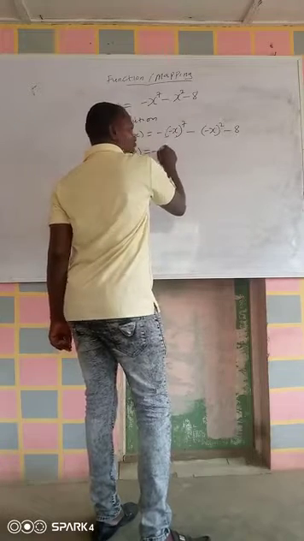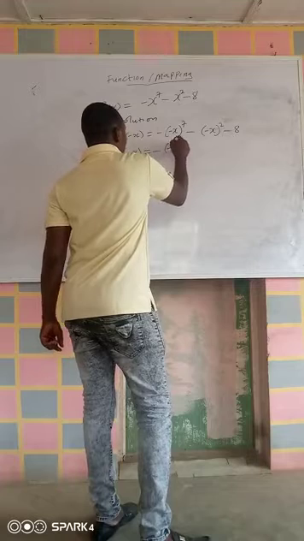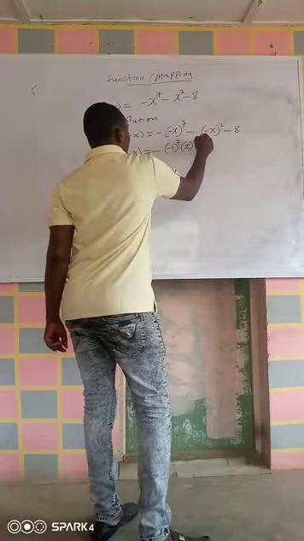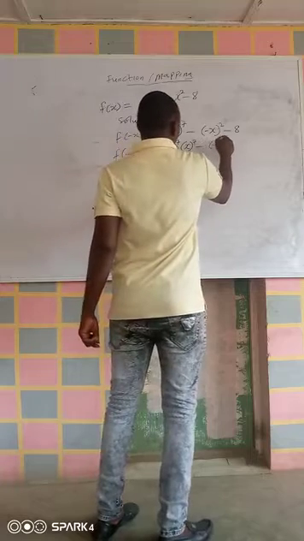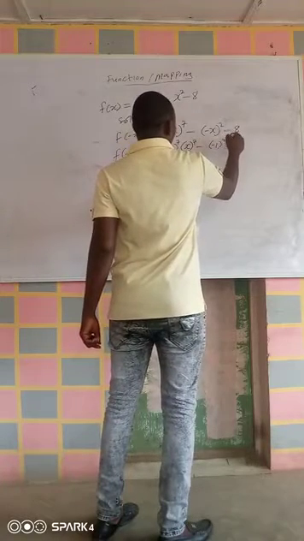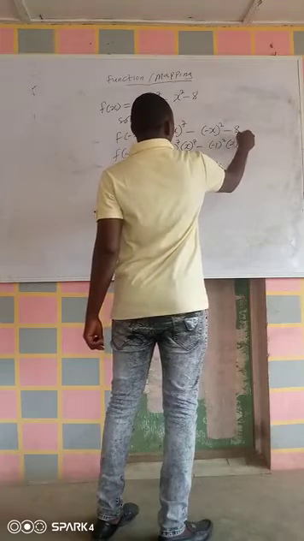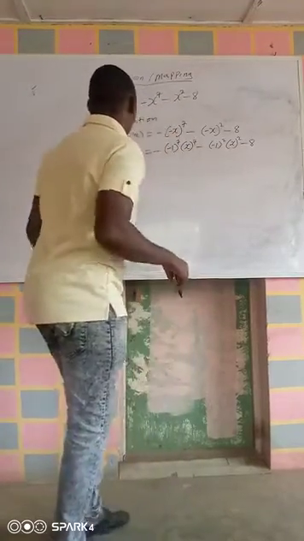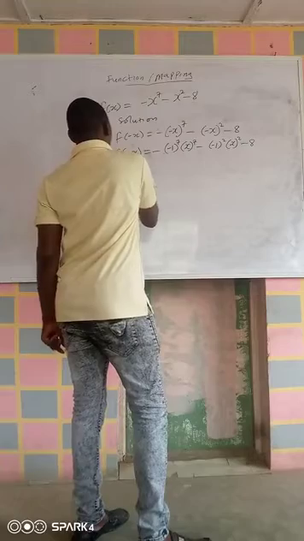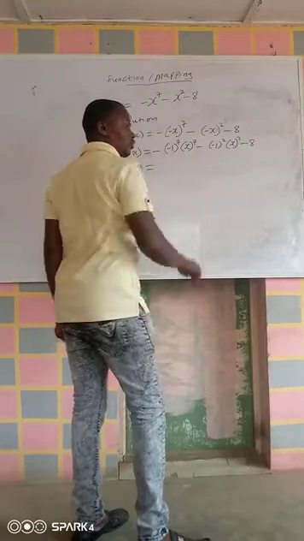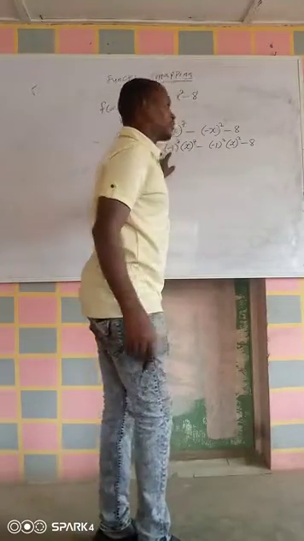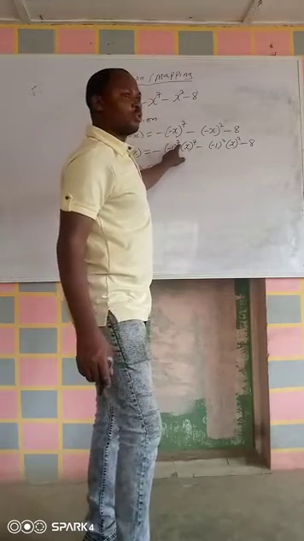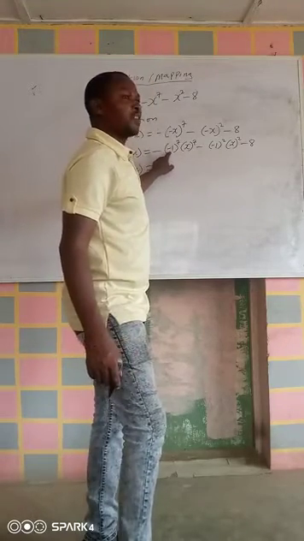So we have a minus into minus 1 raised to power 7 into x raised to power 7, minus minus 1 all squared x squared, minus 8. So this negative sign, because it's raised to an odd power, maintains the negative.